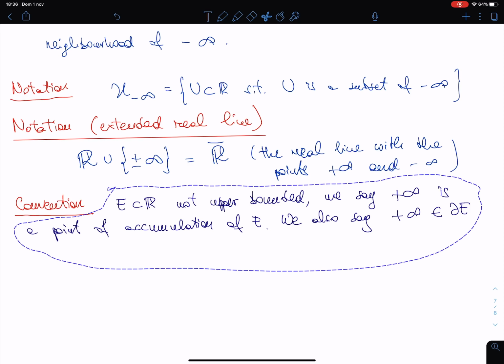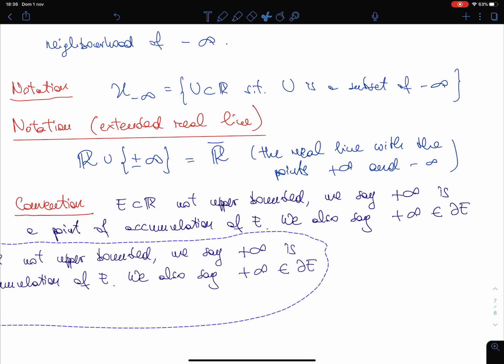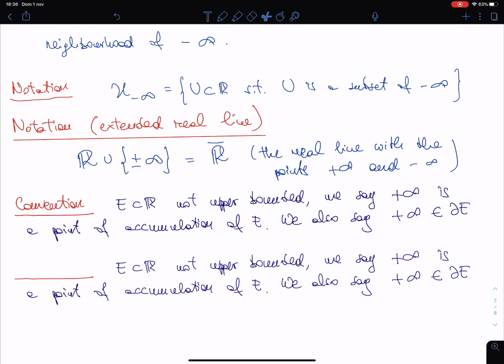So for sets that are not lower bounded, this is another convention, which is specular to the previous one.